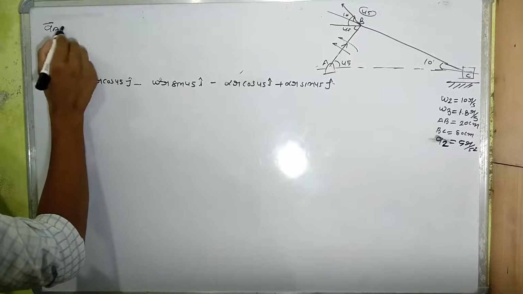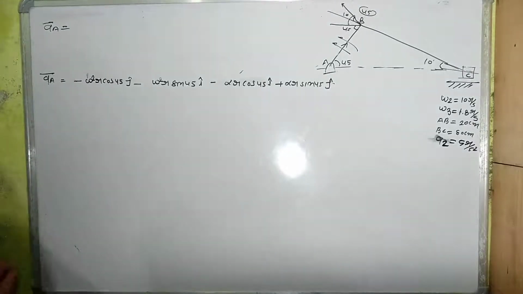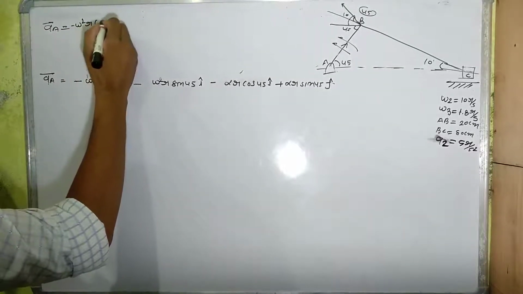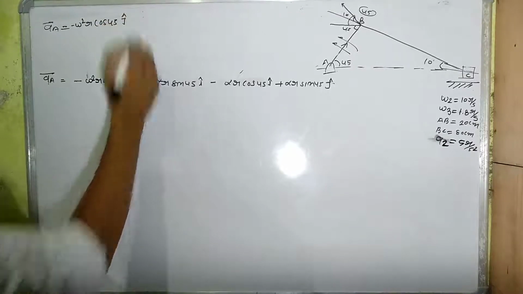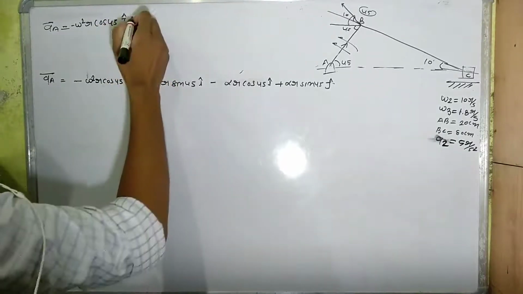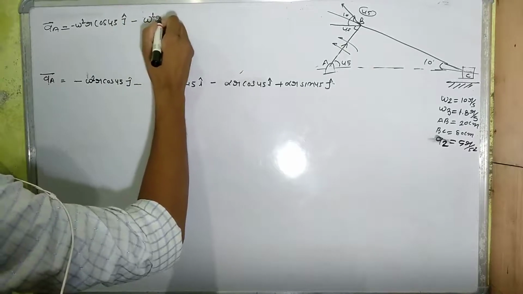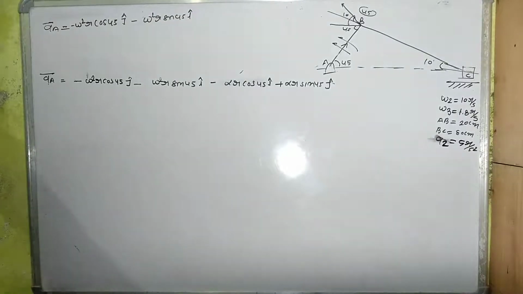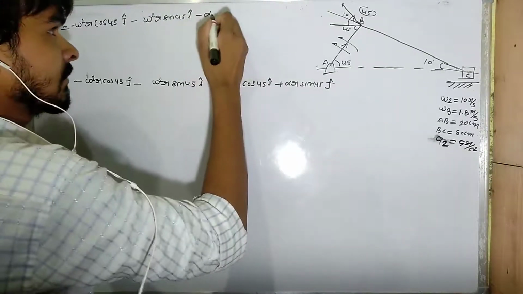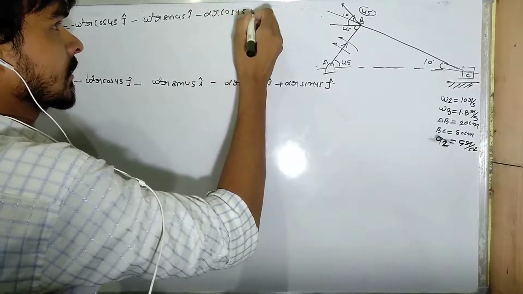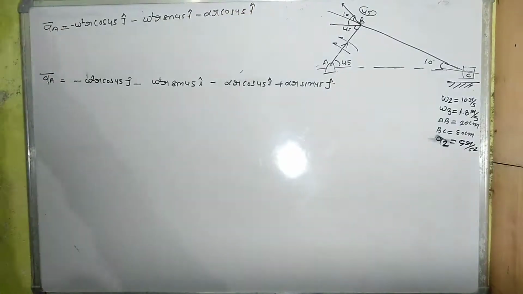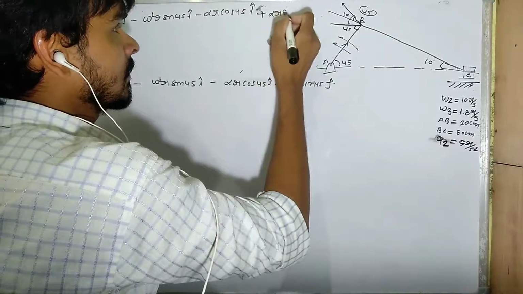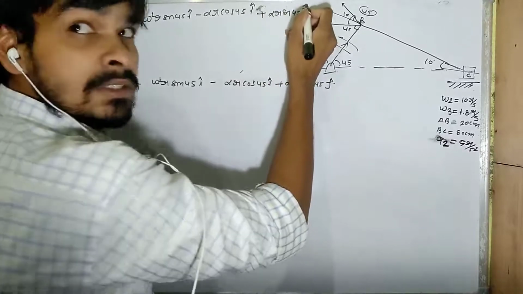Acceleration of A is equal to minus omega square r cos 45 j cap minus omega square r sin 45 I cap minus alpha r cos 45 I cap plus alpha r sin 45 j cap.